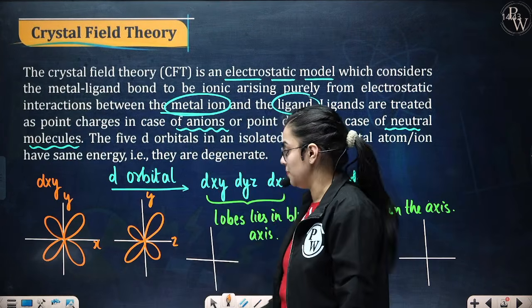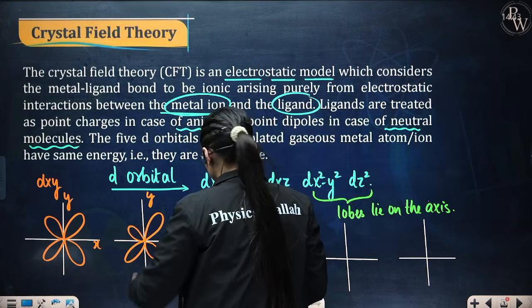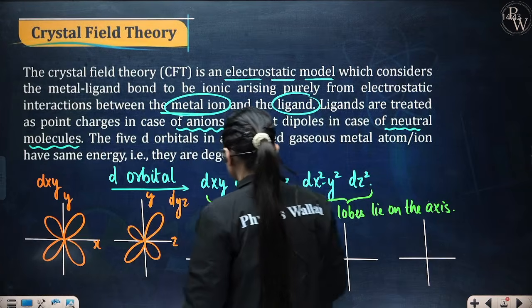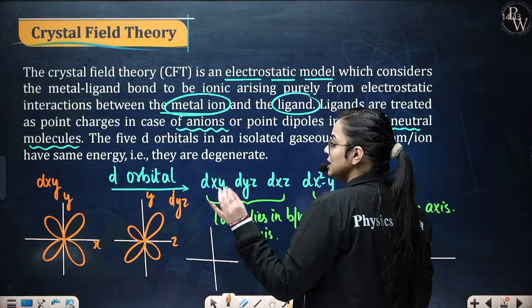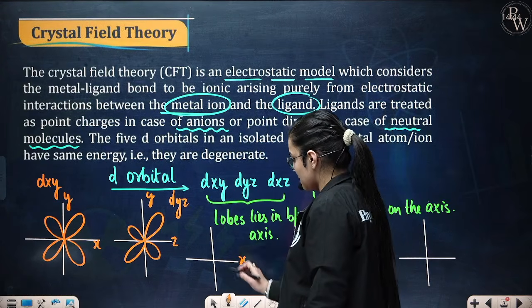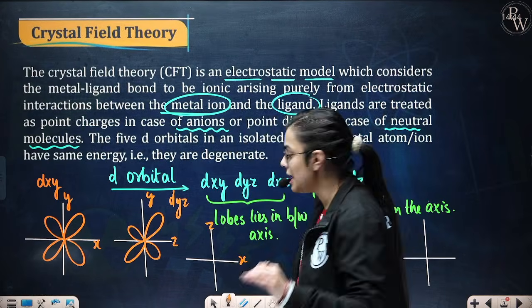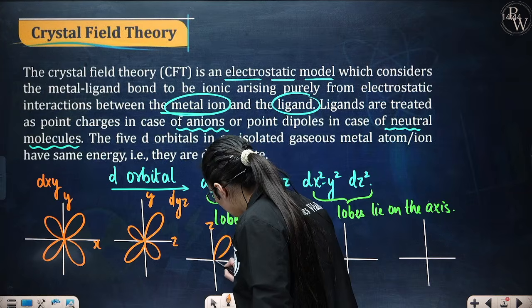This is referred to as dyz. Now, as I have to draw dxz, I'm assuming this as the x-axis and this as the z-axis. Again the lobes shall lie in between the axes, like this.